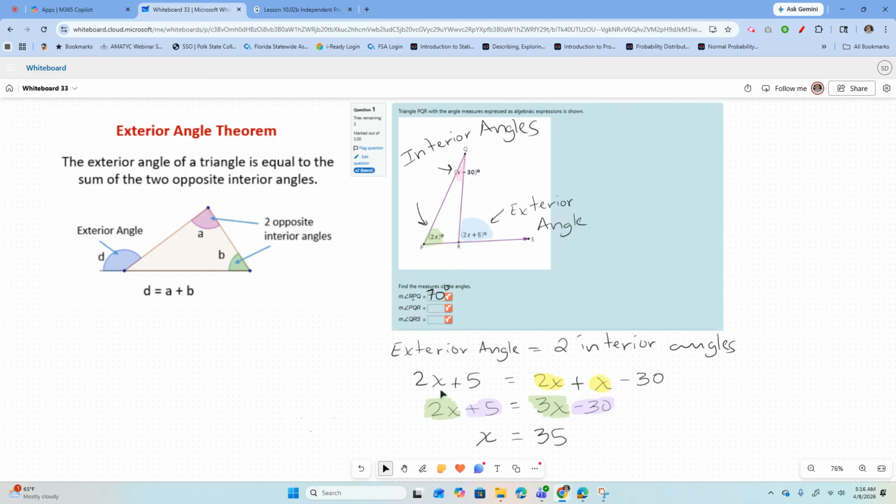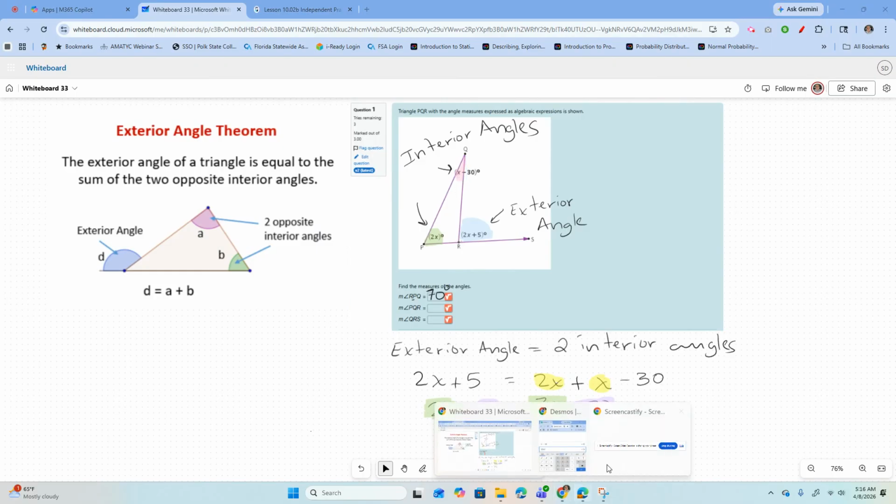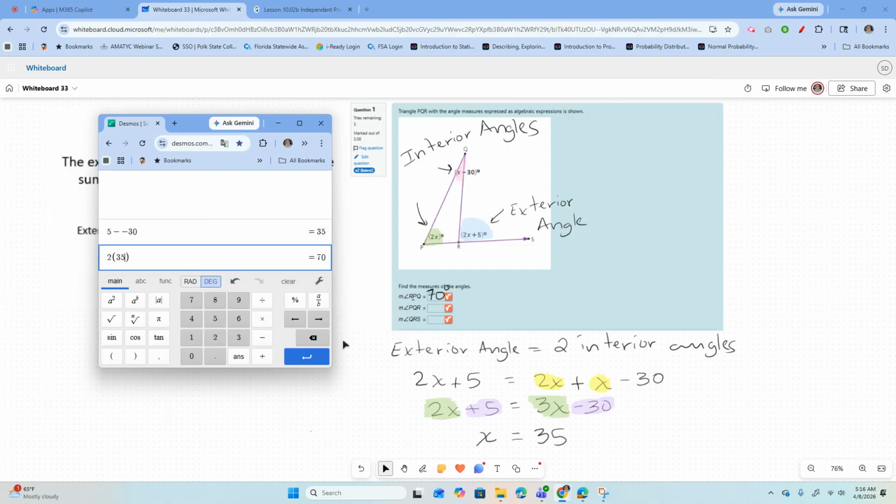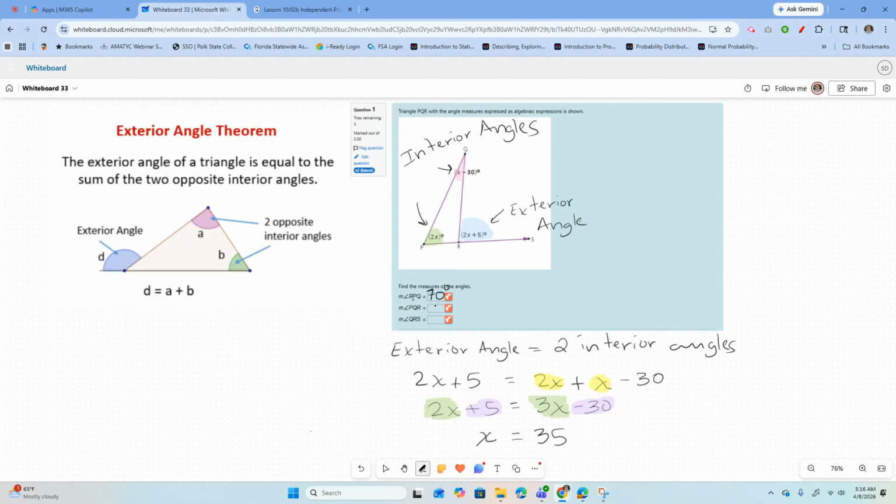Now I'm going to find the next angle, PQR, which is the one in pink. Again, use your calculator. It says x minus 30. So take your x, which is 35, and subtract 30. You can see that will be 5 degrees. So that's what goes right here.